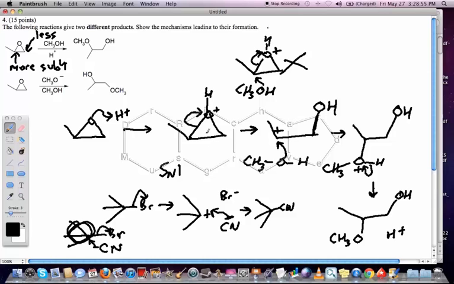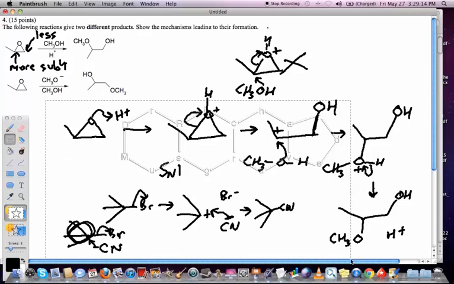In Sn1 processes, the first step is always the breaking of a bond to form a carbocation, and then in the second step the nucleophile comes in to attack the C+. And that's exactly what's happened here. Let's go take a look at the other one now.